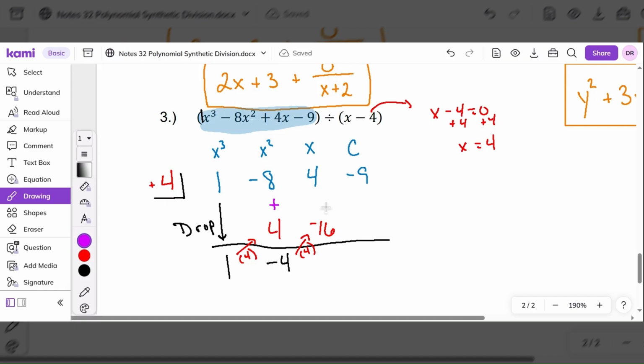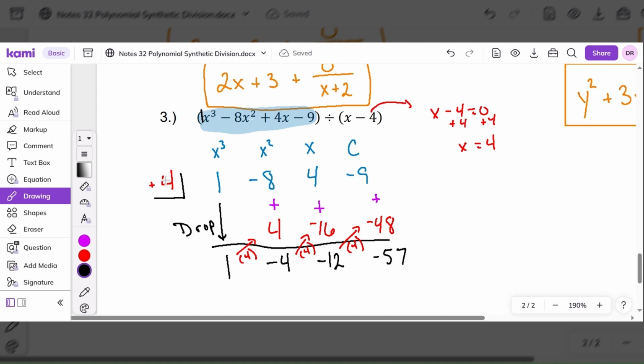Add those. That gives us a -12. 4 plus -16 is -12. And then one more time, multiply -12 by that 4. And -12 times 4 is -48. One last adding, -9 plus -48 is -57. And you're out of values, so now we're finished.